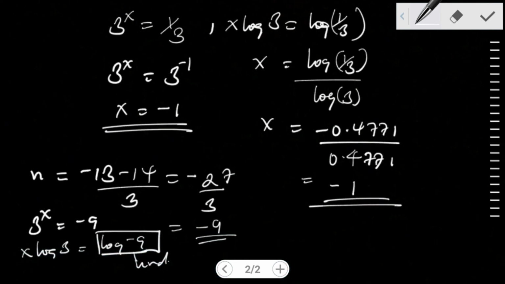Therefore we are going to take the value of x to be equal to negative 1, because we don't have the logarithm of a negative number, and therefore the answer here we are going to consider x is equal to negative 1. Now let's try another example.